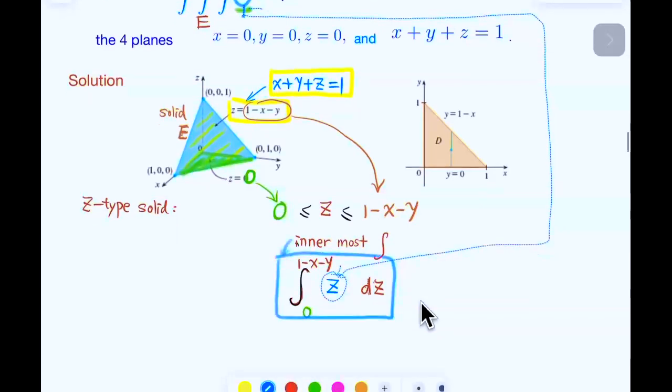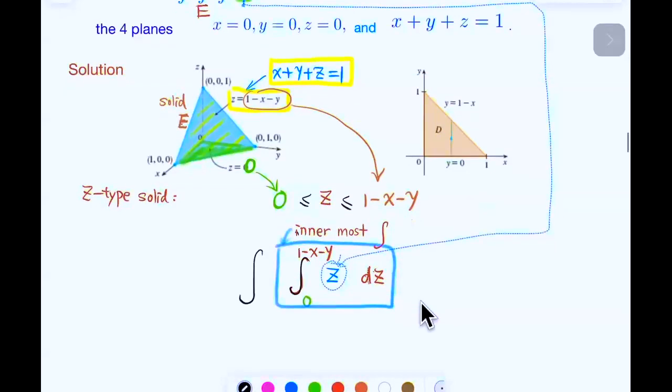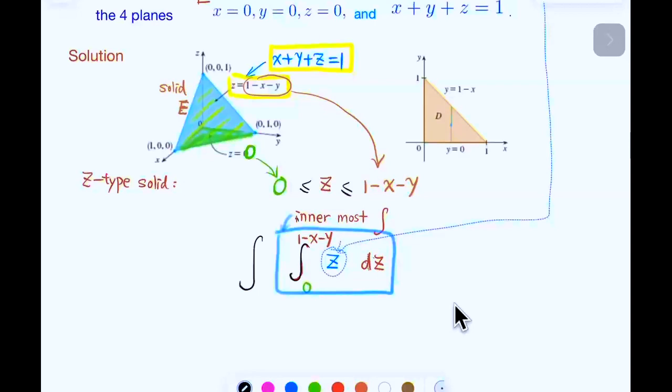Alright, now let's do the outside. Now we're going to integrate with respect to what? Because it's Z type, you look at the projection of this solid onto the xy plane.